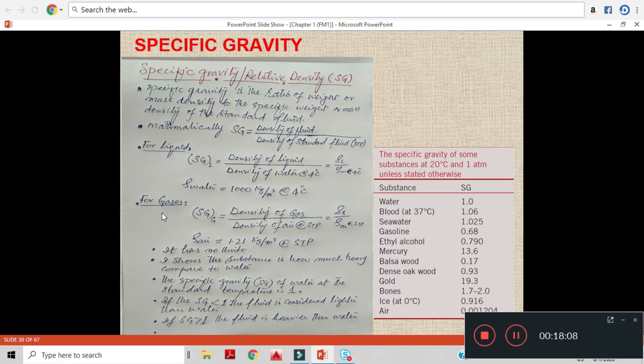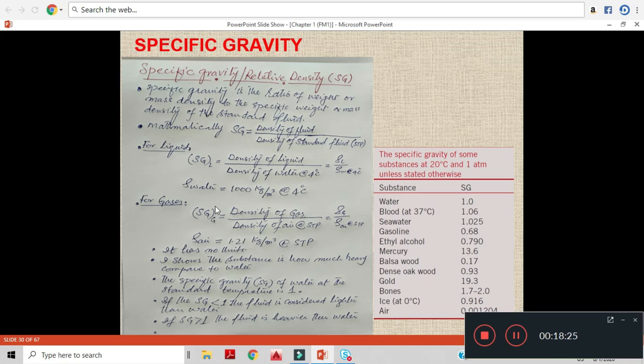For gases, specific gravity is the density of the gas divided by the density of air at STP. At STP, the density of air we are considering is 1.21 kilogram per meter cube.